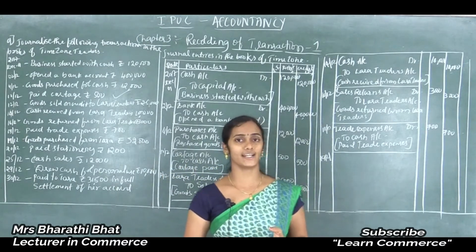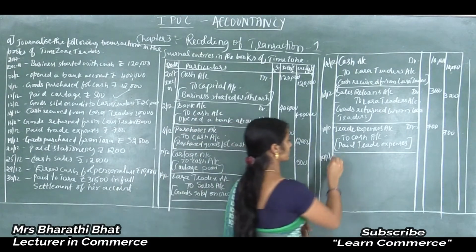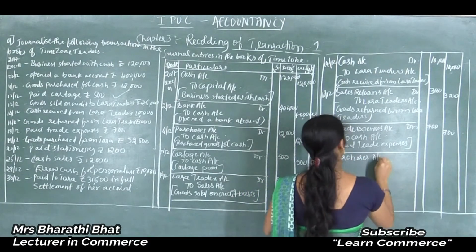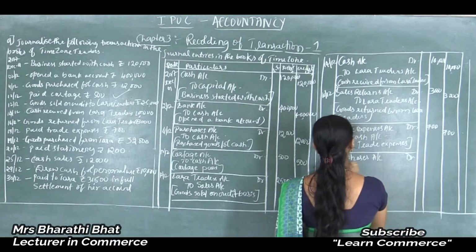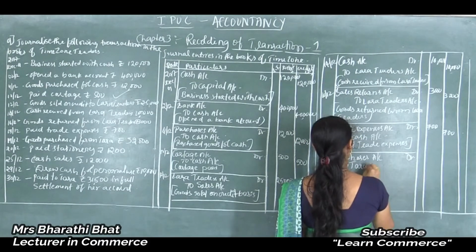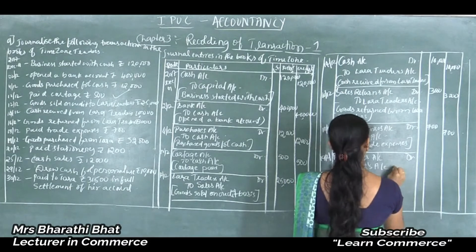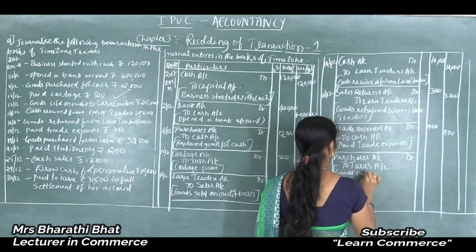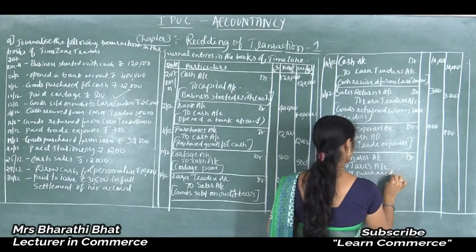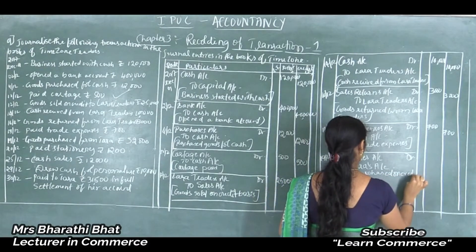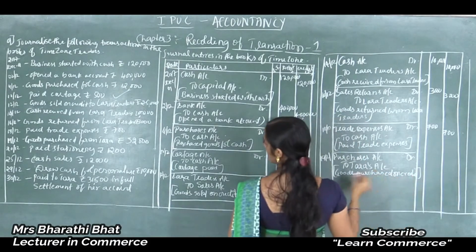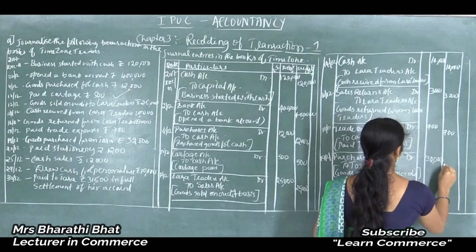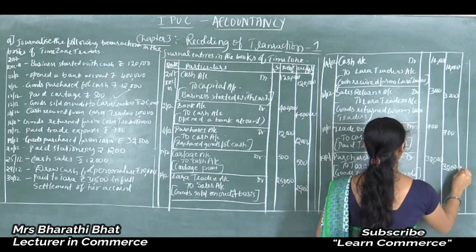Purchases account debited to Tara's account. Goods purchased on credit. What is the amount? 32,000.